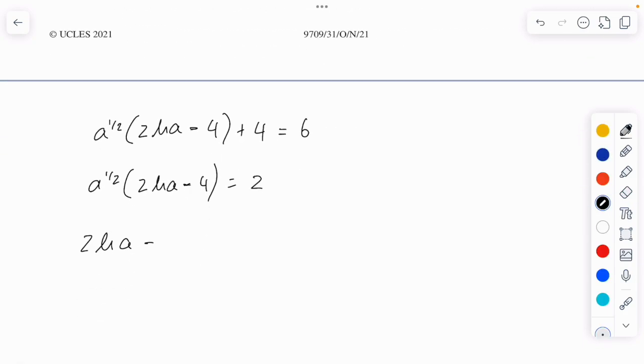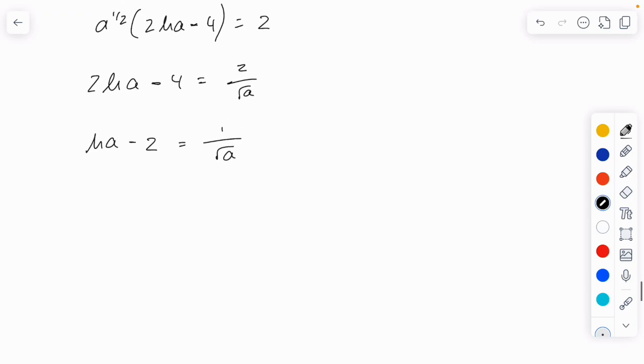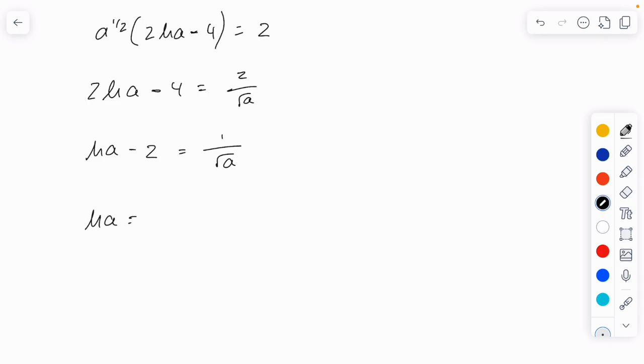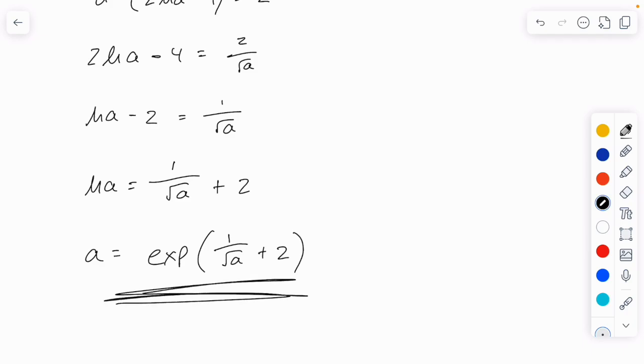Right, so we get 2 ln A minus 4 is equal to 2 over root A. Which means then that ln A minus 2 is equal to 1 over root A. Which gives me ln A is equal to 1 over root A plus 2, which means that A is equal to e to the 1 over root A plus 2. Okay, and that's going to be the final answer as required there.